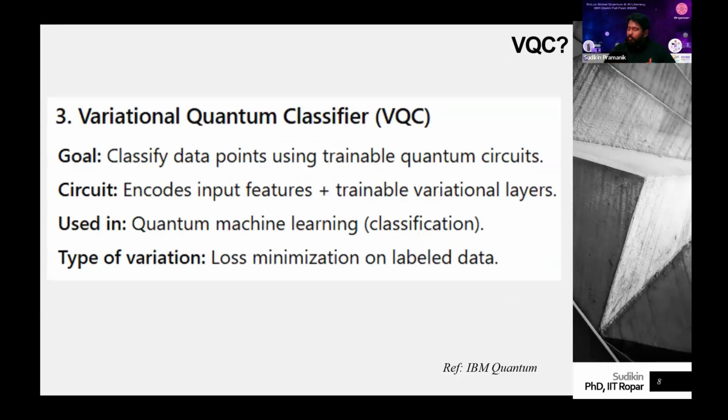Next, you have the variational quantum classifier, that is VQC. It's similar to a quantum NN, but it uses only trainable variational layers, and it does not exactly resemble a neural network architecture. So VQC and QNN are almost similar, with a minor difference between them.